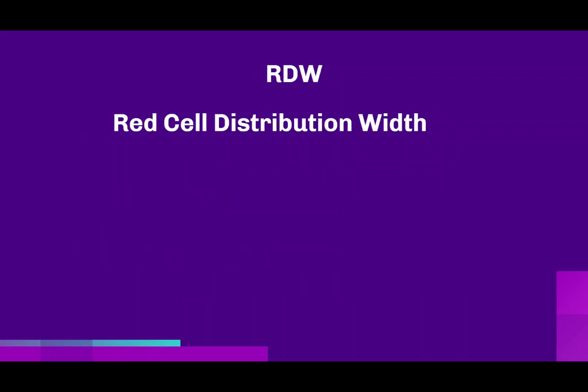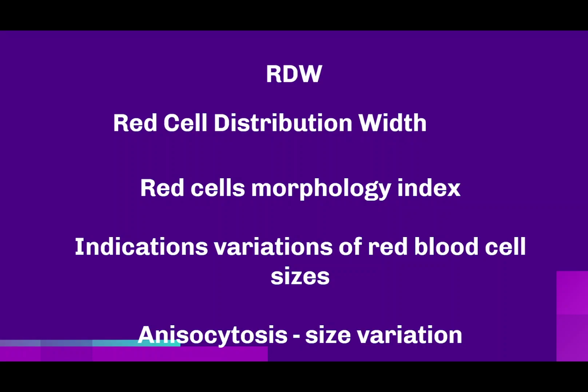RDW is also an important RBC index, which means red cell distribution width. It indicates variation of red blood cell sizes. If you have a high RDW, it means there is high variation of red blood cell sizes. The term for this is anisocytosis.